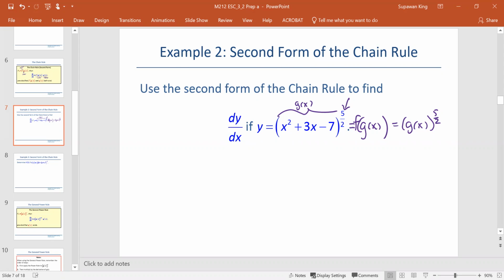Then to find dy by dx, which is the derivative of the outer function multiplied by the derivative of the inner function. The outer function has the input as a function g. So we're gonna replace the g of x as the input of the f prime.